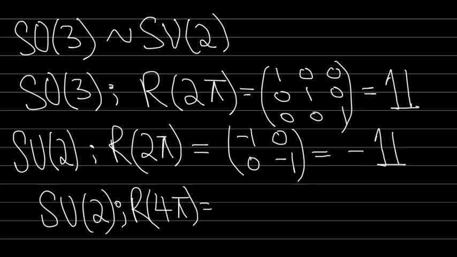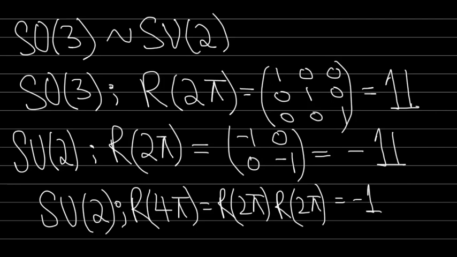That is simply R 2 pi times R 2 pi, which is -1 multiplied by -1, which gives you positive identity. Again, for a spinor, you have to rotate it twice, with an angle of 2 pi each time, to come back to its original position.